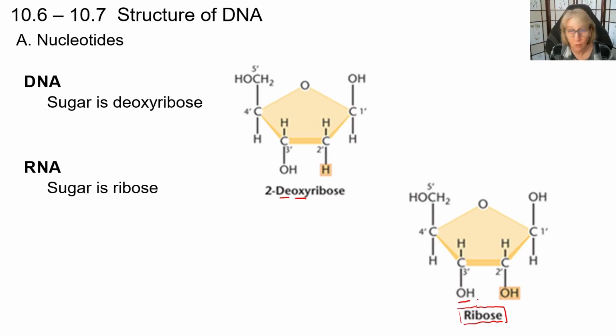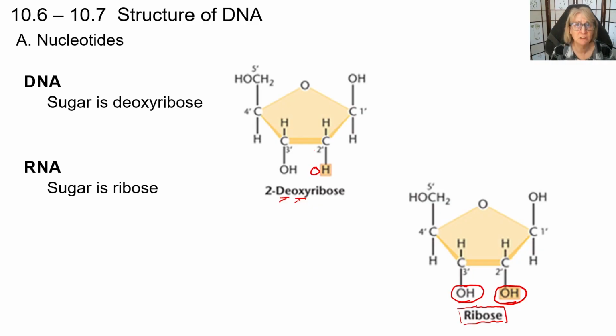Ribose has a hydroxyl and another hydroxyl, or 2 OHs. Y'all have had enough chemistry that I can say hydroxyl, right? Yeah. So they have 2 hydroxyls here. Deoxyribose has had one of the oxygens removed from its 2 carbon. It's been deoxied. Deoxyribose, although the word is longer, is actually a smaller molecule.